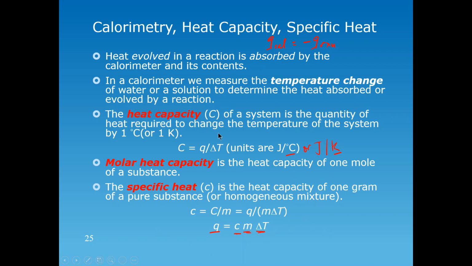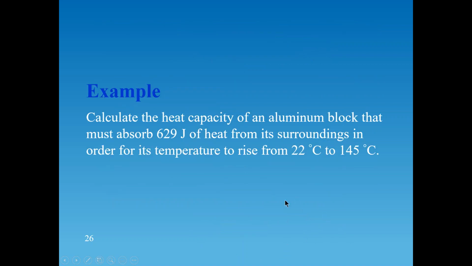Okay, so those are some terms that you need to be aware of, and we'll be using these equations in some problems, such as this example right here. This question says, calculate the heat capacity of an aluminum block that must absorb 629 joules of heat from its surroundings in order for its temperature to rise from 22 degrees Celsius to 145 degrees Celsius.